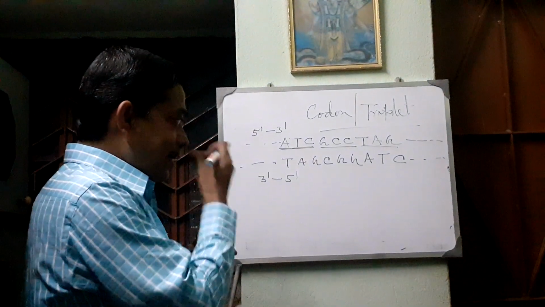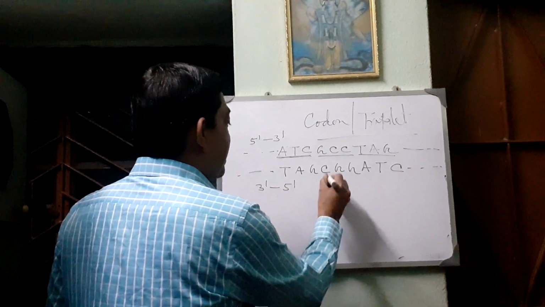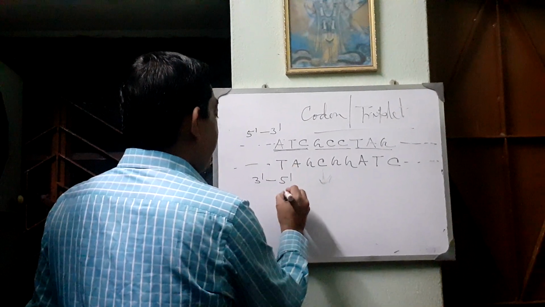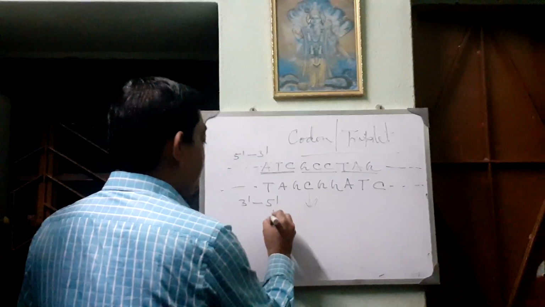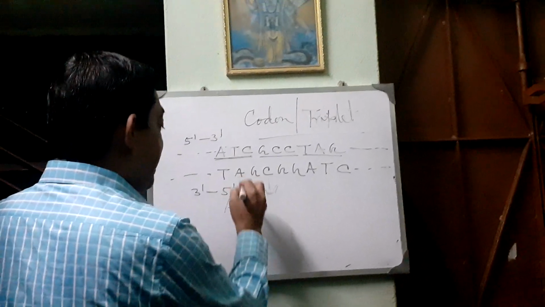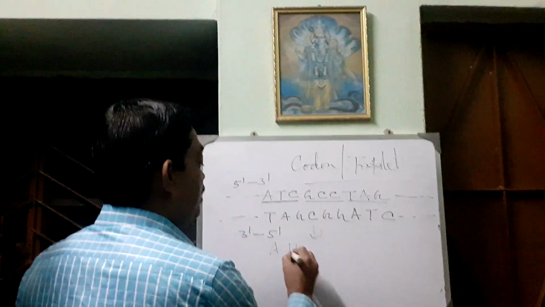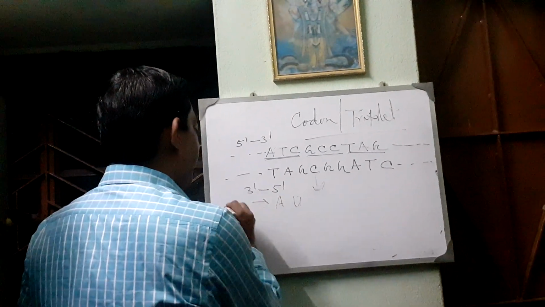So what will be the mRNA for this strand? It will be a complementary strand: T will be A, A will be U. I have told you that uracil comes here in the structure of mRNA.